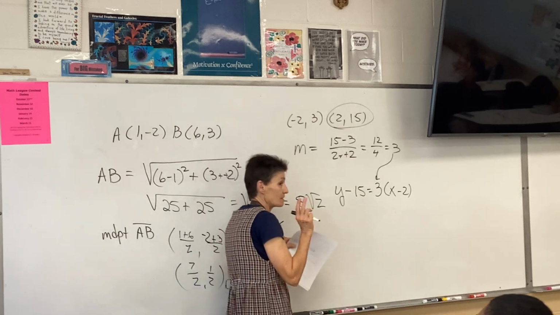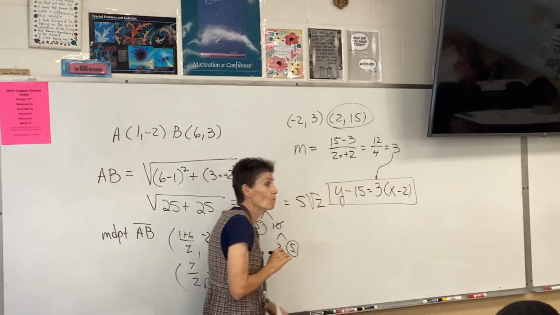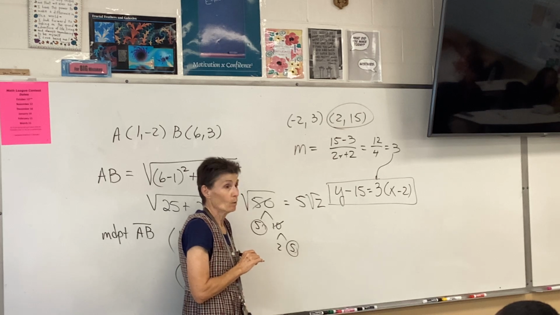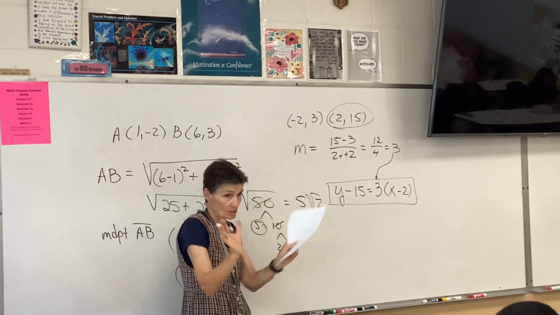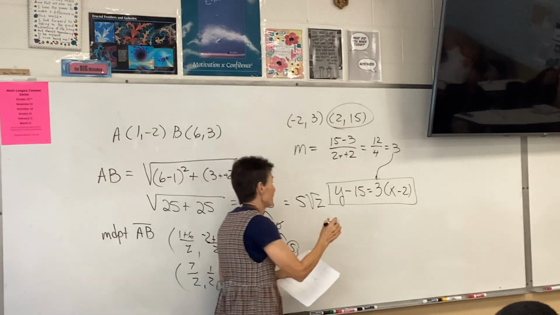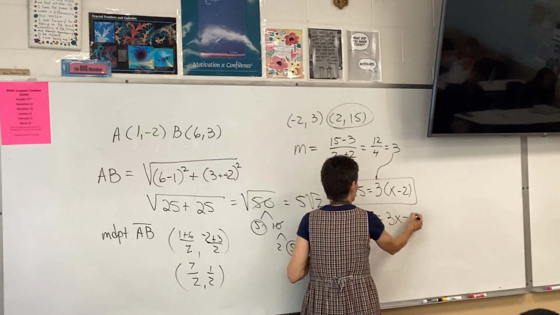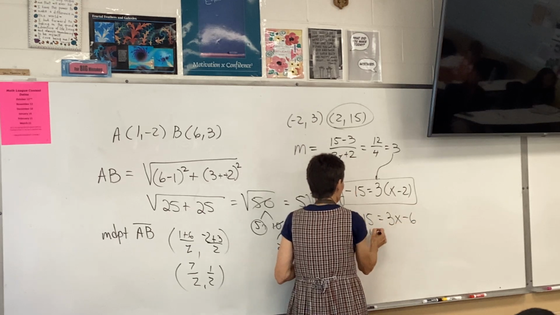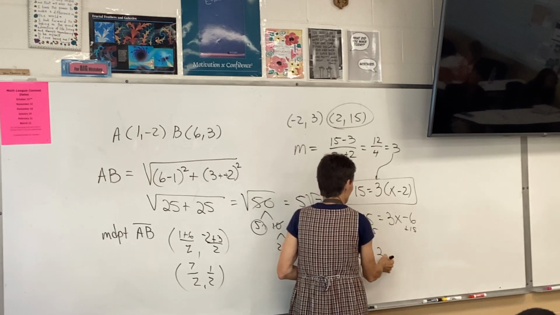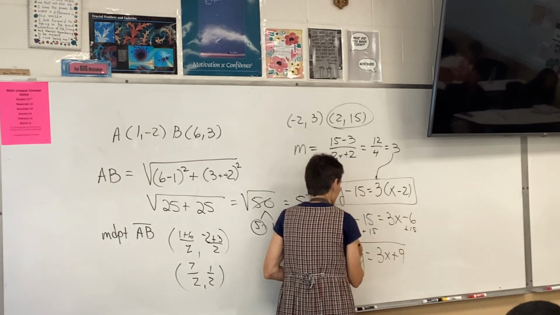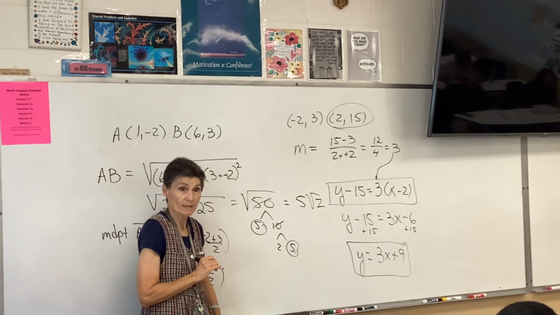So if it doesn't say, could I stop right here? What form is that? Point-slope. If it said slope-intercept, then we would distribute and add our 15. So 3x plus 9 would be the slope-intercept form.